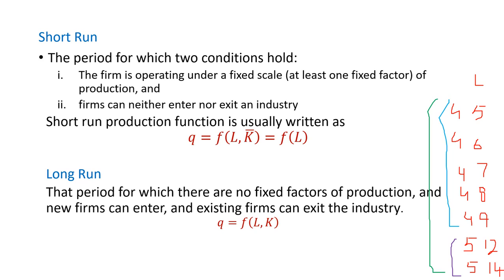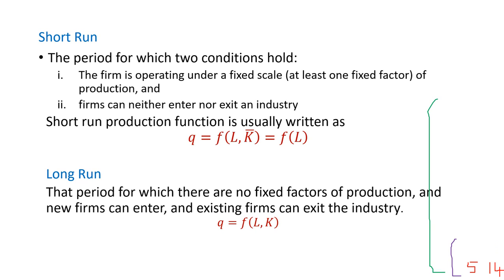Keep in mind that in economics, we do not define short run and long run with the length of time. That is, we do not say that, for example, a time period of 1 year or shorter is short run and a time period of more than 1 year is long run. This is wrong. In economics, this is not defined like that.